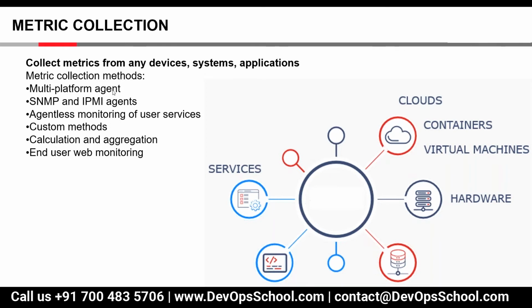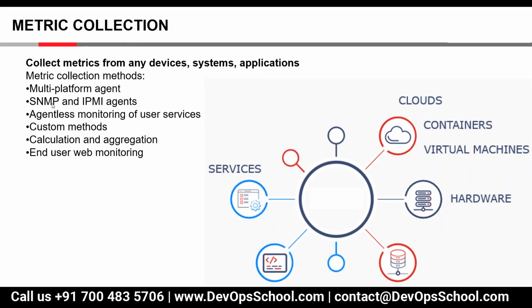For Windows we have an agent, and for Linux as well, multiple flavors: Ubuntu, Red Hat, CentOS. So we have agents to monitor that. Then we have SNMP. Through SNMP, we monitor the network devices, or we do the agentless monitoring of the servers as well.